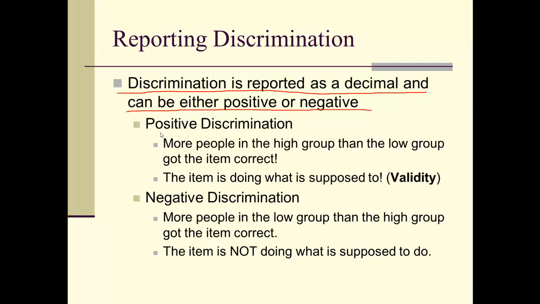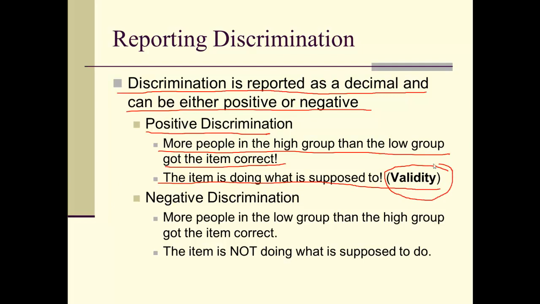If it's positive, more people in the high group than in the low group got the item correct. And this is what we want. It's measuring the question's validity, that it measures what we want.